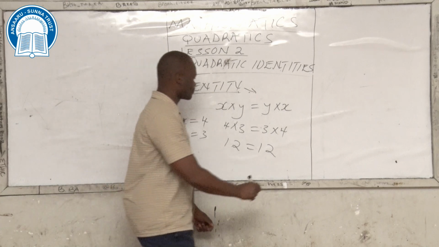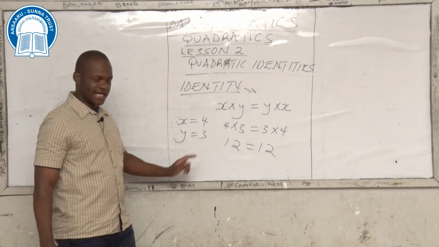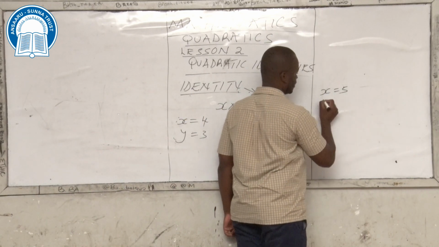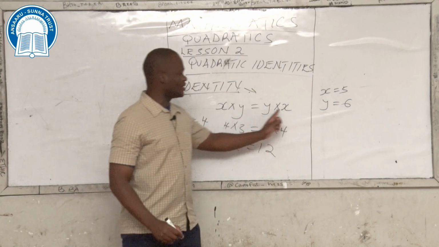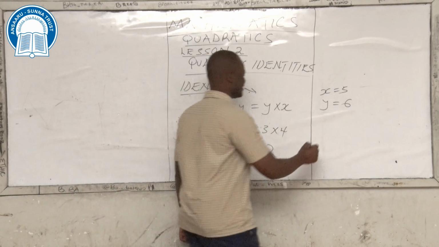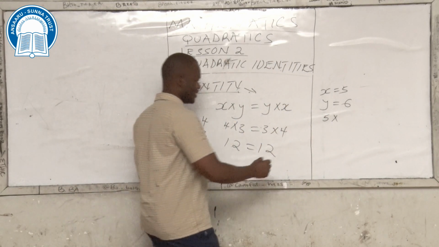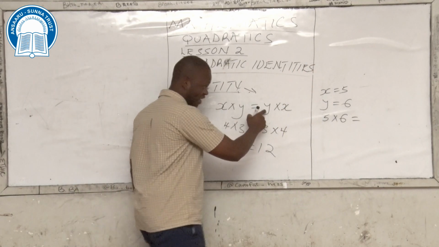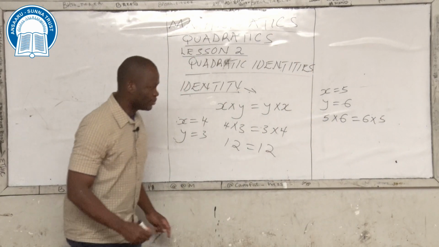We continue. Now, I choose a different combination of the x and y values. Let's choose x to be 5 and y to be 6, and then make our substitution in that equation. I have 5 times 6 equals 6 times 5.